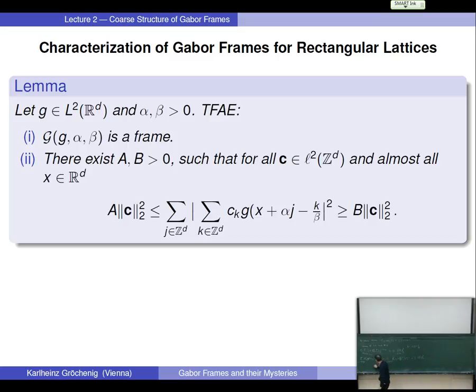So this means that the Gramian is diagonally dominant, and therefore the Gabor system on the adjoint lattice is a Riesz sequence, and therefore, if alpha beta is small enough, you get a frame for the rectangular lattice.